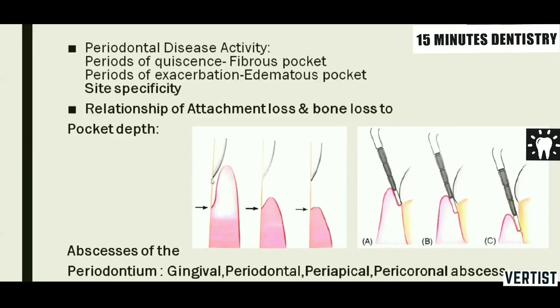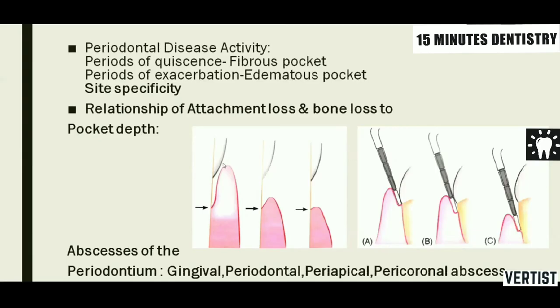Loss of attachment is measured from the cemento-enamel junction up to the base of the pocket. These arrows show the base of the pocket. From the cemento-enamel junction to the base of the pocket is the loss of attachment. That means bone loss and attachment loss has occurred almost 5 millimeter.